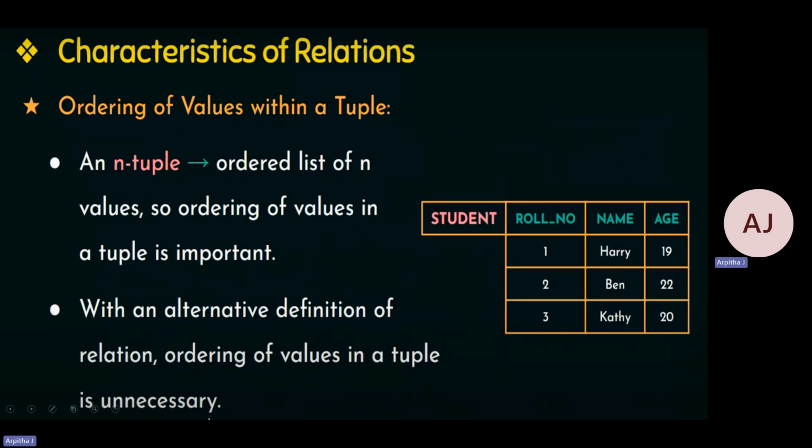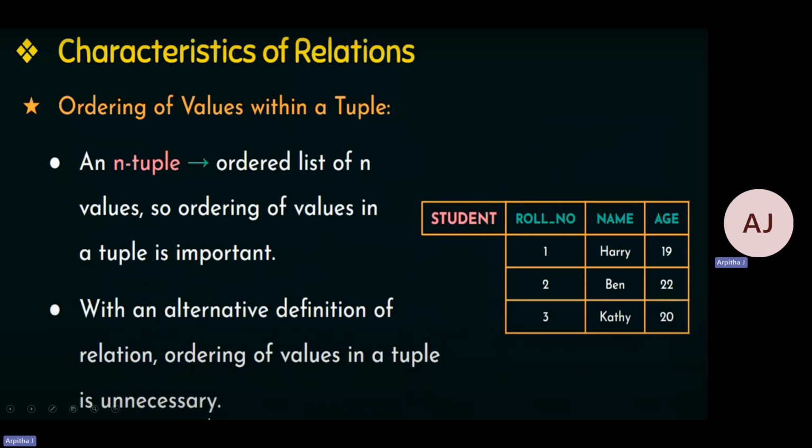When I'm talking of values, see, there are two things. In the previous characteristic, the data was not necessarily in any order.